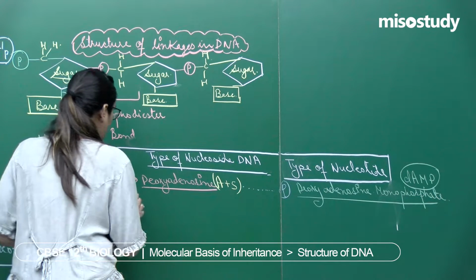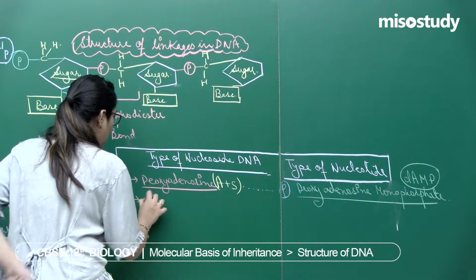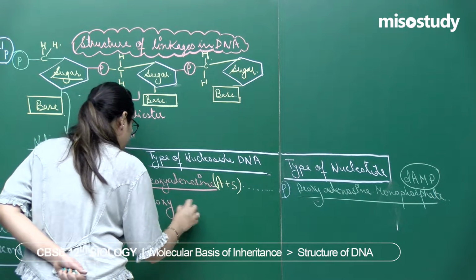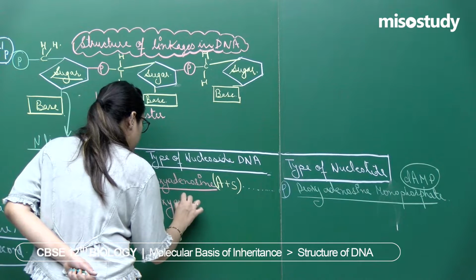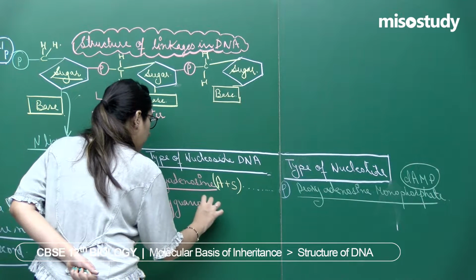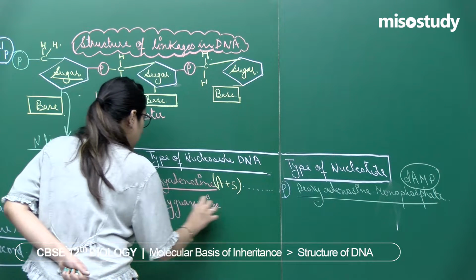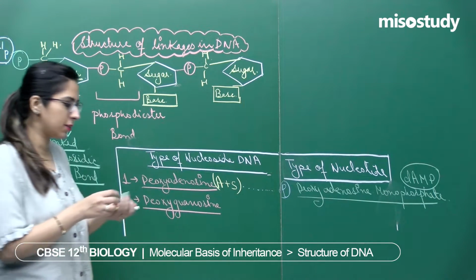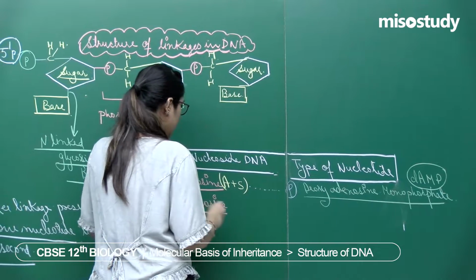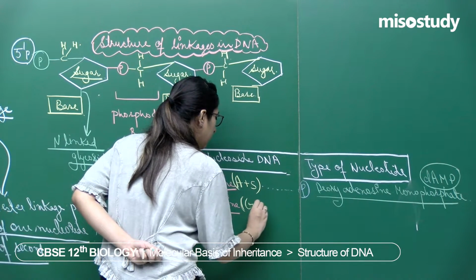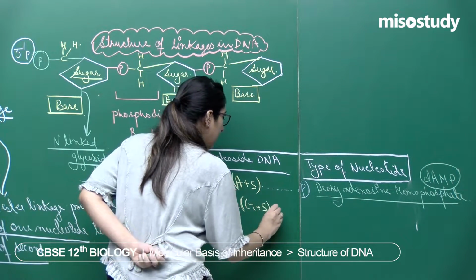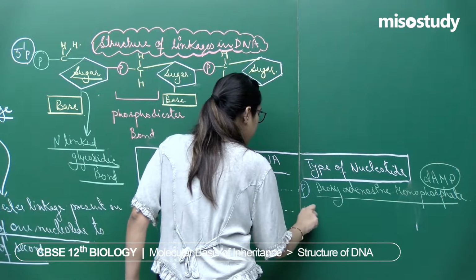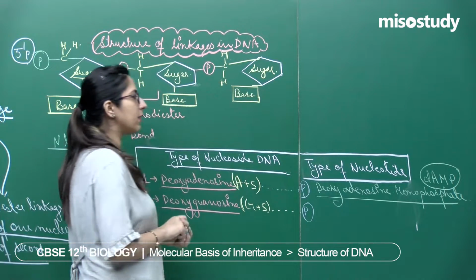Let's take another example of deoxy. You can take an example of guanosine. Guanosine. That means guanine is present along with sugar. Guanine plus sugar is there. Now, if I combine the same with the phosphate group, now what is the formation?